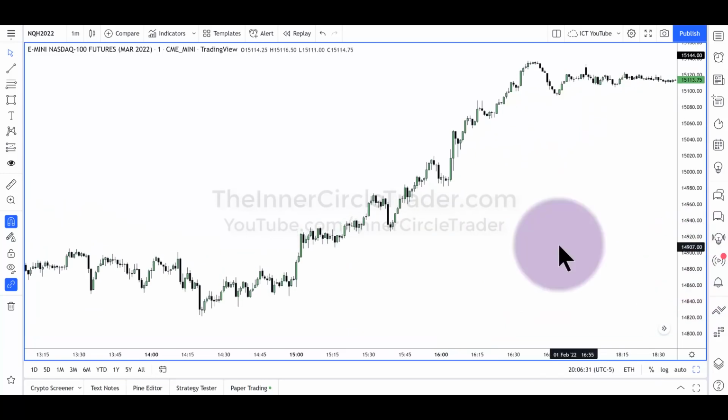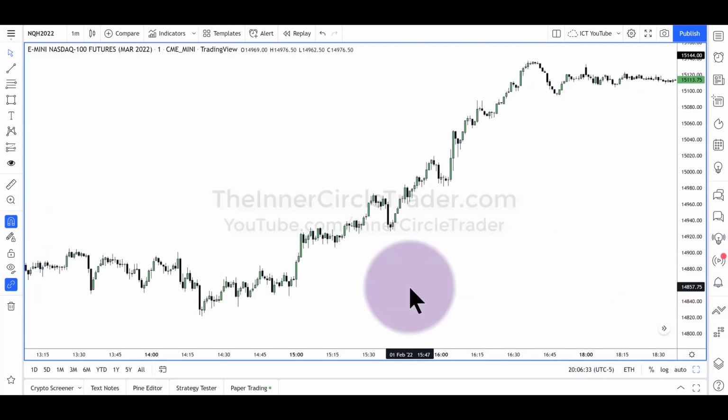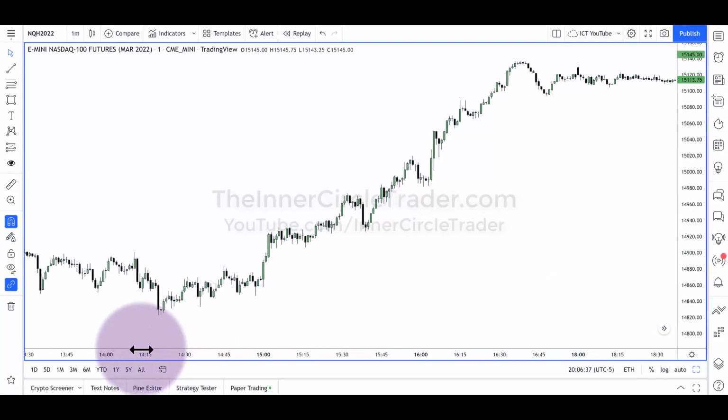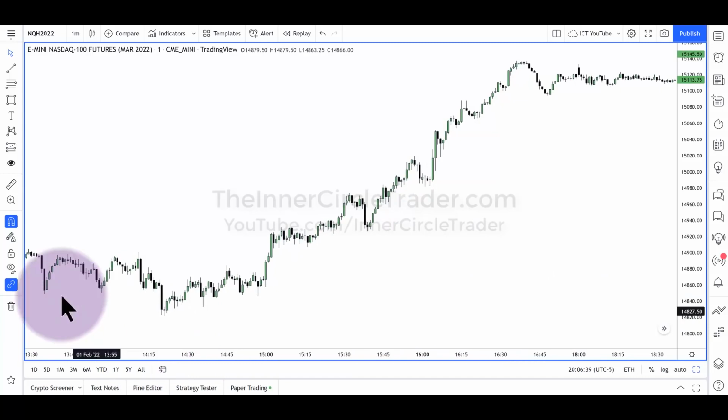That's kind of like the flavor of the month right now. And if you look at this low and this low here, what are those? They're relative equal lows. So that's going to be viewed as what? Support, retail support. And they're going to buy those little runs here. They're basically going to chase that.